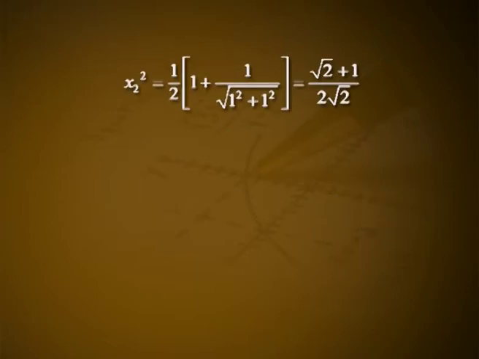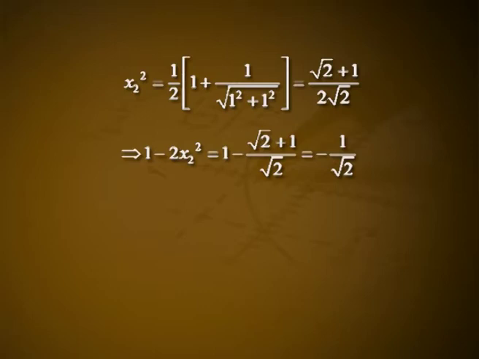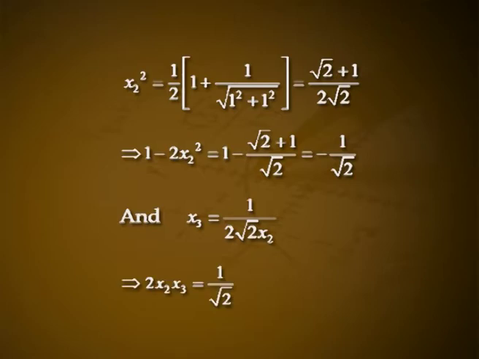Therefore, here x2 square equal to 1 by 2 into 1 plus 1 divided by square root of 1 square plus 1 square, that is equal to root 2 plus 1 divided by 2 root 2. This implies 1 minus 2 x2 square equal to 1 minus root 2 plus 1 by root 2, that is equal to minus 1 by root 2, and x3 equal to 1 divided by 2 into root 2 x2. This implies 2 x2 x3 equal to 1 by root 2.